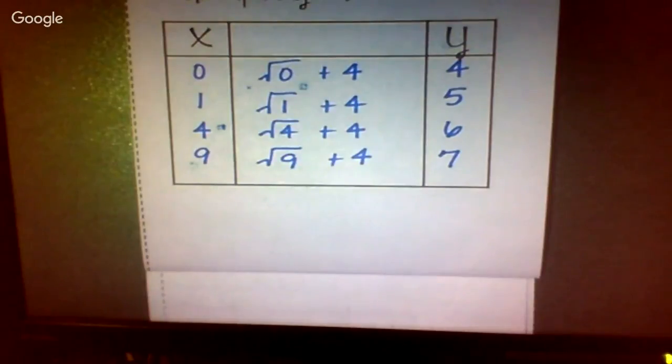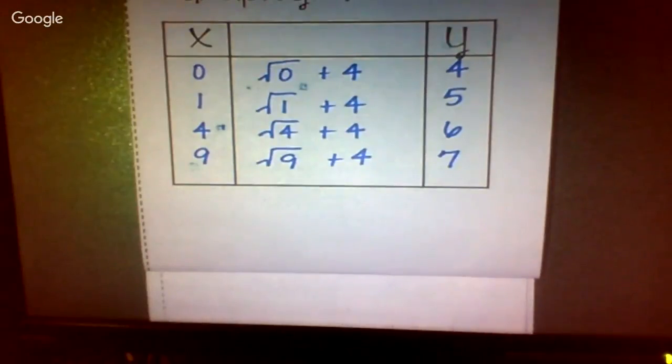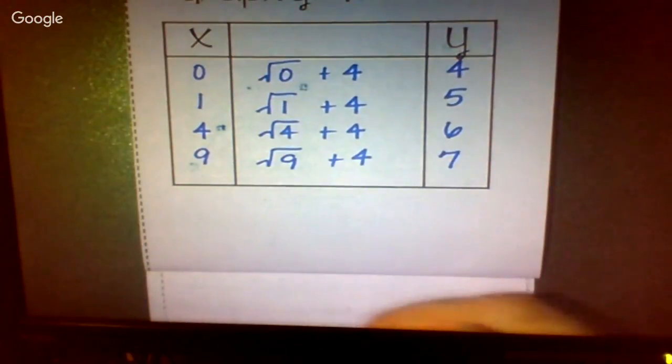So we have a point at 0, 4, 1, 5, 4, comma 6, and that's all we're going to be able to graph because there's not a 7. Is there 1, 2, 3, 4, 5, 6? Yep, I counted wrong. Whoops. 6.